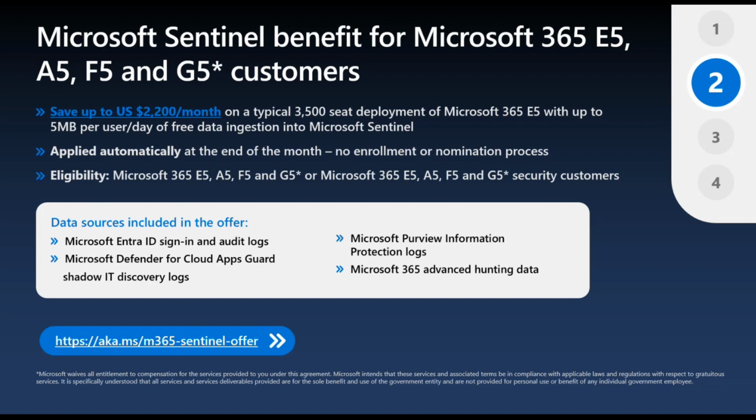So if you have 100 users, then you have 500 meg overall, broken down by 5 meg per user per day, that can be brought into Microsoft Sentinel. So that's a nice cost savings, and this happens automatically when a user is provisioned with an E5 license.